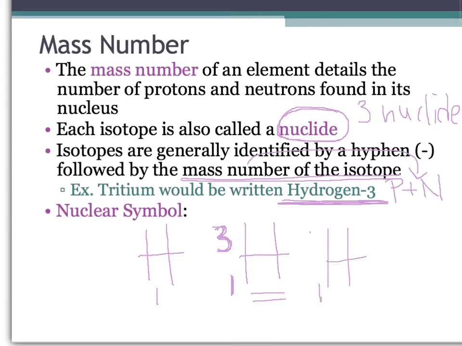Deuterium would have, again, 1 proton and a mass number of 2. And the typical hydrogen atom has 1 proton and a mass number of 1, because hydrogen is a very strange little element and it has no neutrons in its most common isotope. So those are examples of nuclear symbol. They just include the elemental symbol, the shorthand version. It includes the mass number and it includes the atomic number. And we'll work more with this going forward.